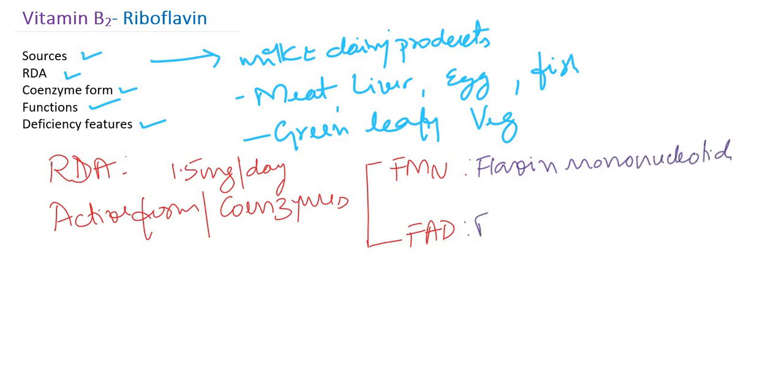Similarly, FAD stands for flavin adenine dinucleotide. These two are important coenzymes of riboflavin. They play a very important role in carbohydrate metabolism, protein metabolism, lipid metabolism and nucleic acid metabolism as well.